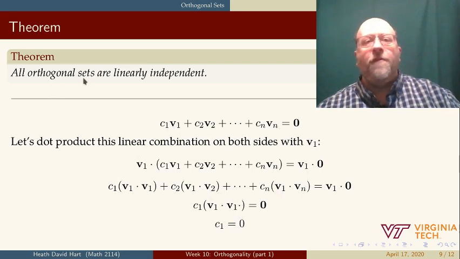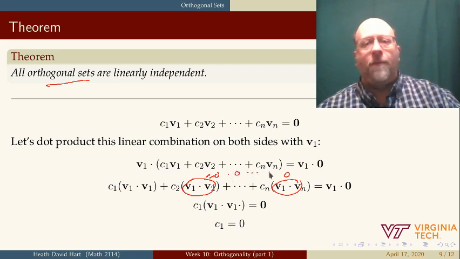But these vectors are orthogonal. And so this dot product is 0, and this dot product is 0, and all the dot products in between are 0. And anything dot product with the 0 vector will give me 0.